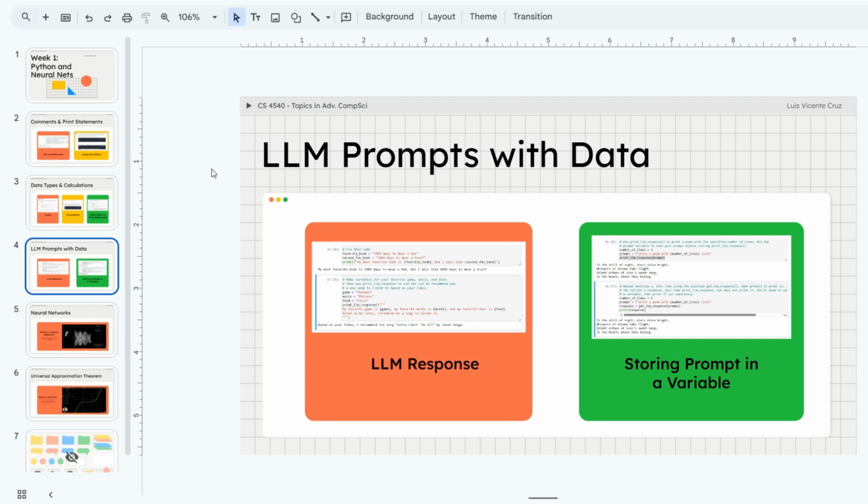And this LLM prompt can reply to prompts that you give it. So you give it something like a number, right? And then you tell it something along the lines of, give me a code with this specified amount of lines. And the specified number of lines is the variable that you input into the prompt.